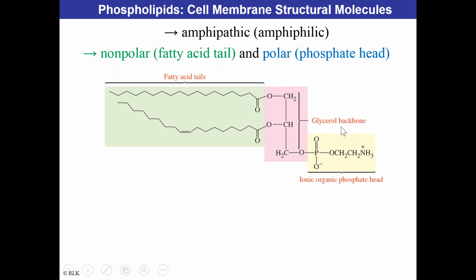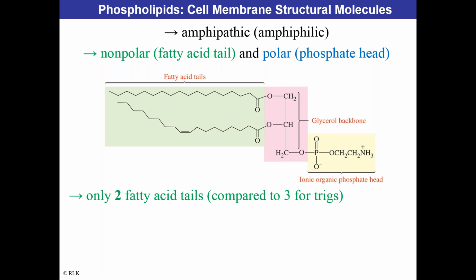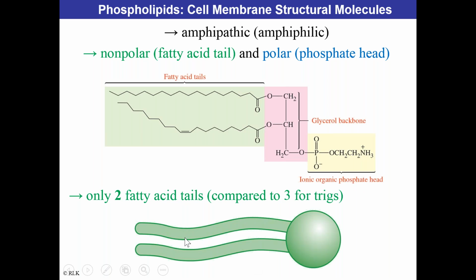Just like the triglycerides where you had several of these long chains, instead of having 3, now you only have 2, and instead you put on this organic phosphate head. And that then is the phospholipid. So again, 2 fatty acid tails as opposed to 3 for triglycerides. This is really the general structure. It's not that much more differentiated from the trigs, with the exception that there's not another tail.